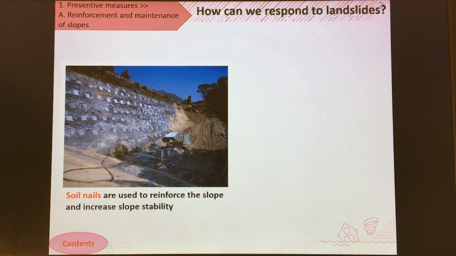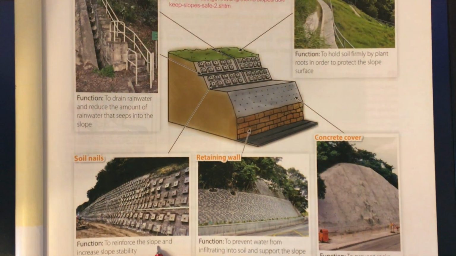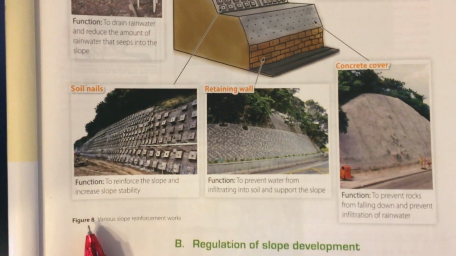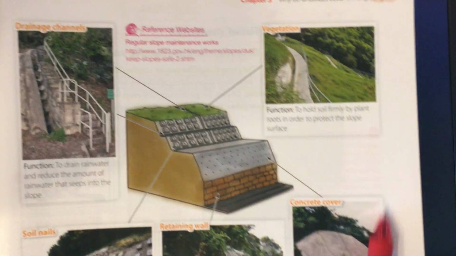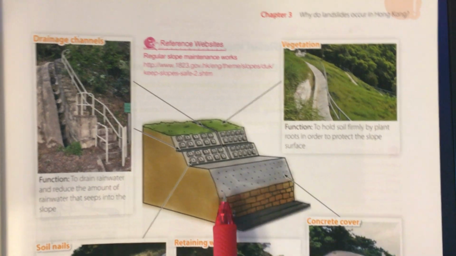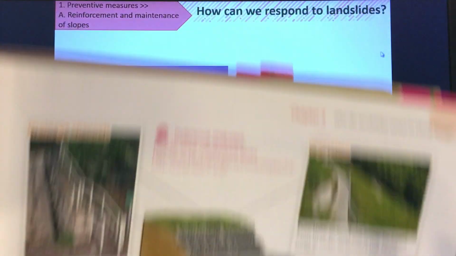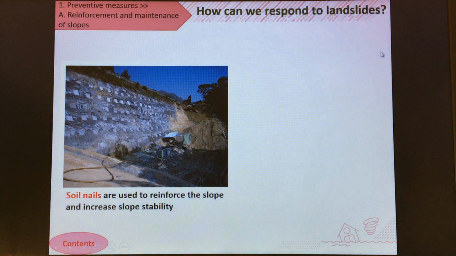Okay, so let us look at the different ways to consolidate the slope. We can look at page 23, figure 8. There are different ways we can strengthen the slope. Let us look at the PowerPoint here.